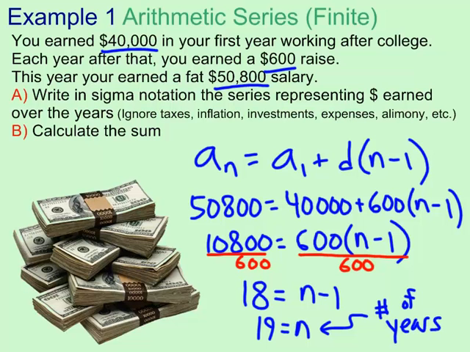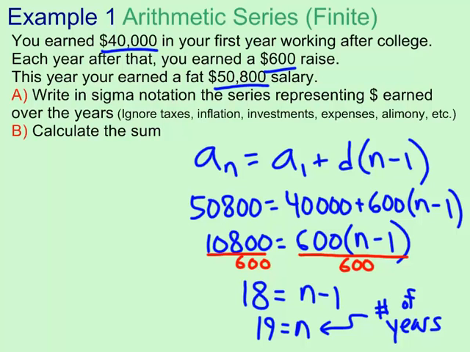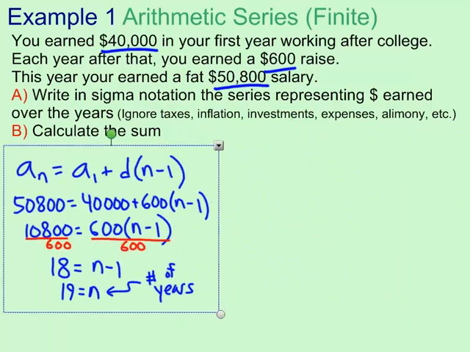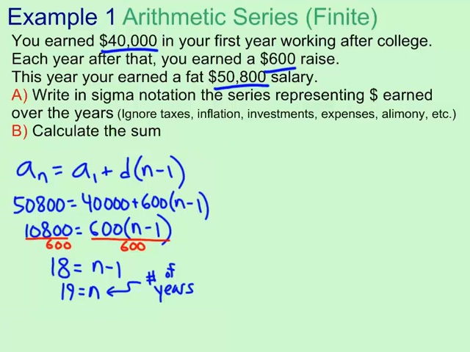All right, so let's write this in summation notation now. Let me get the graphic out of the way. I don't need all that money distracting you there. All right, so for part A, sigma notation, summation notation. We have enough information now. We'll put the sigma here. Actually, let me use i for this one so you're not confused. i equals 1. And up top, I said n was the number of years.